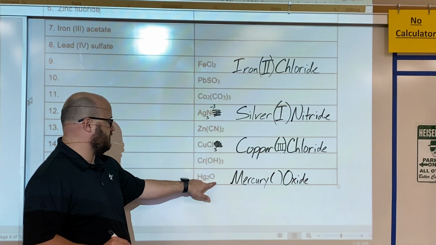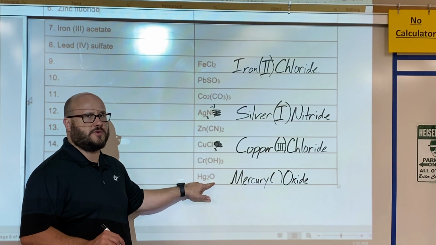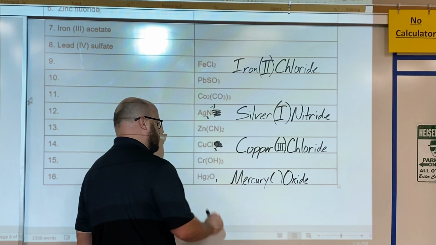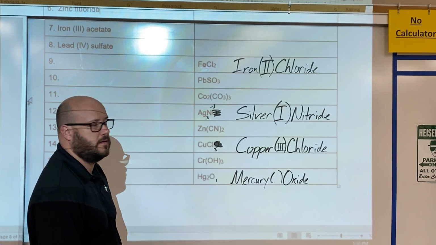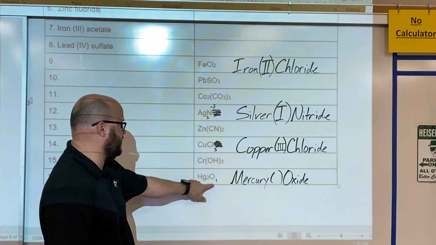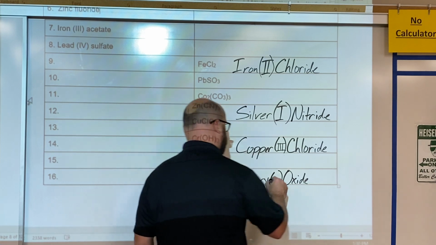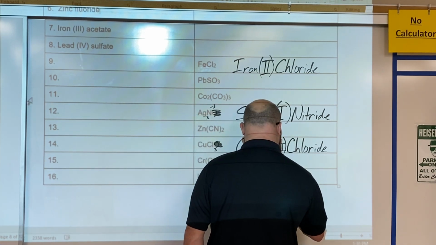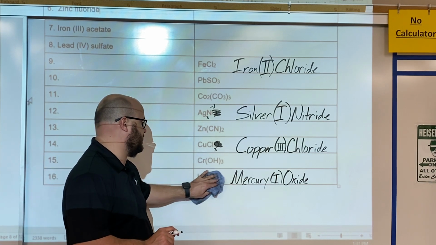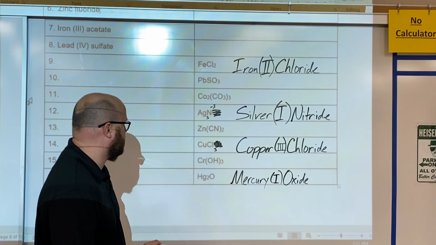Now, O doesn't have a subscript, or does it? It does. Technically, that's a 1. So let's skip to the end and see if that works. Hg1. So mercury 1 oxide. Now go back and look and see if that balances out.